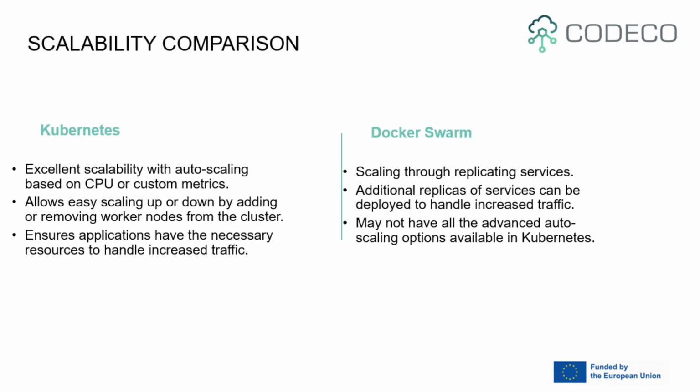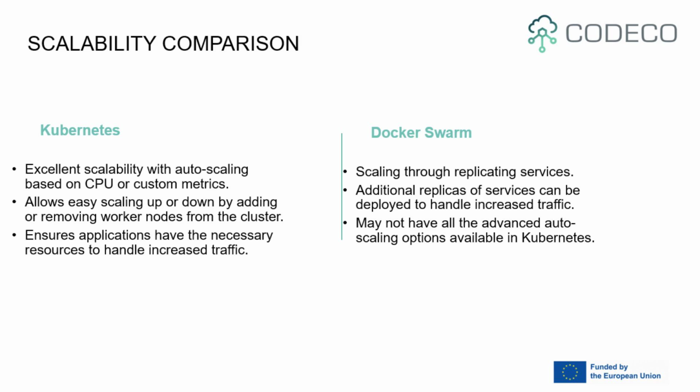Scalability comparison. Kubernetes. Kubernetes provides excellent scalability features. It allows you to easily scale your applications up or down by adding or removing worker nodes from the cluster. Additionally, Kubernetes supports auto-scaling based on CPU or custom metrics, ensuring your applications always have the necessary resources.